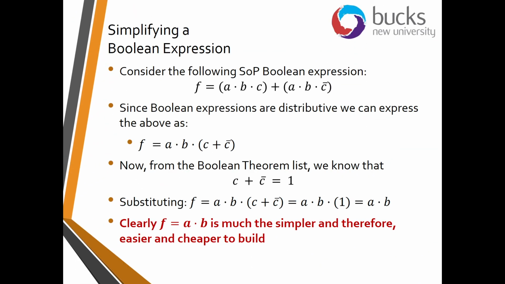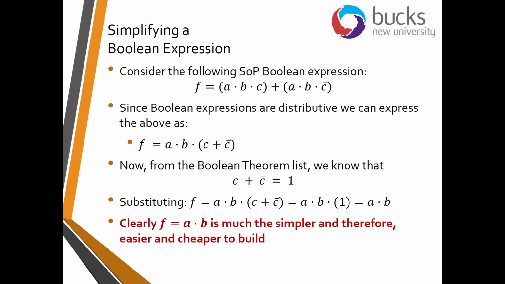So if we want to simplify, here we've got an SOP Boolean expression: f equals a and b and c, or a and b and not c. We notice that distributivity can come in, and we can express the above as f equals a and b and (c or not c).